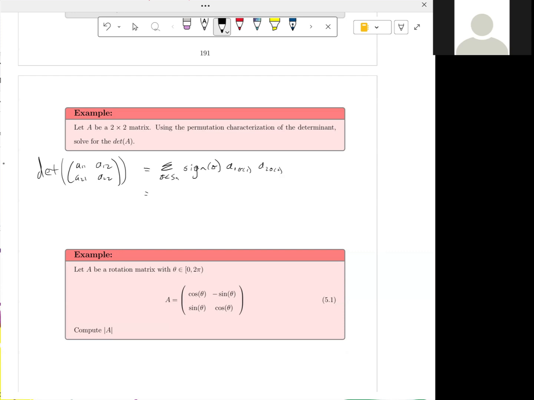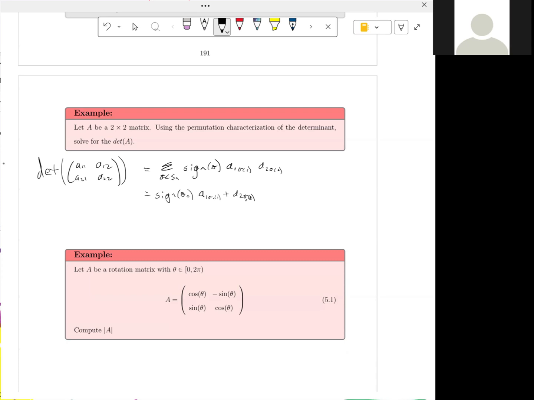Well, this equals the sign of sigma_0 times A1 sigma_0(1), A2 sigma_0(2).